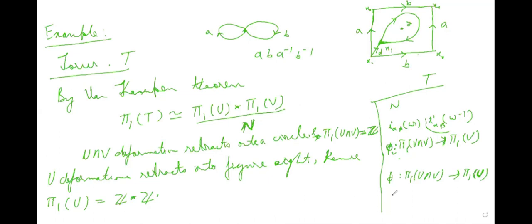If you take the generator of this, suppose that is omega, then it is going to be mapped to A B A inverse B inverse, right? So basically, this N will be generated by elements of this form.